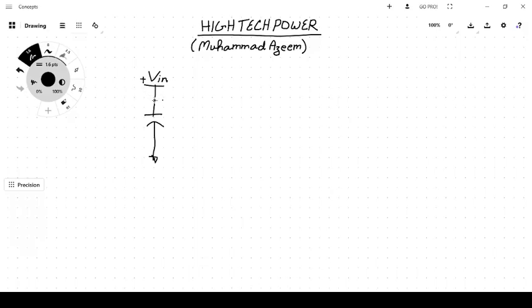Suppose we want 5 volt output, then we will insert a 5 volt regulator or 5 volt series pass element.